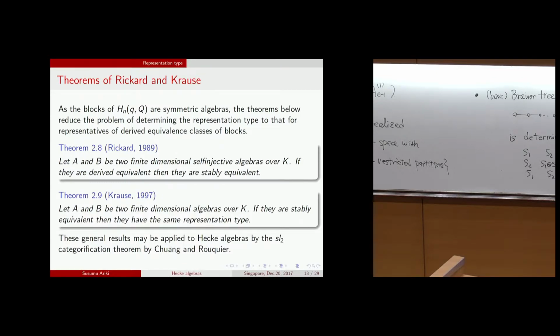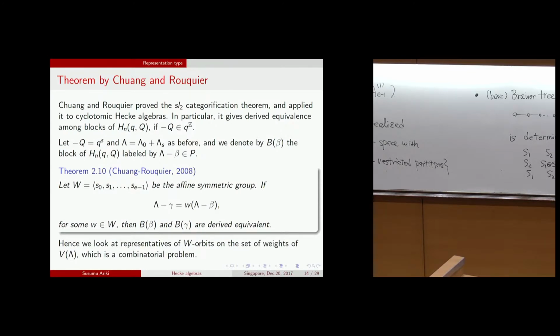Okay, so now I would like to apply this general result to Hecke algebras. For this, we may use the sl2 categorification theorem by Chuang and Rouquier. Recall, Chuang and Rouquier proved the sl2 categorification theorem, which appeared in Annals of Math in 2008, and applied it to cyclotomic Hecke algebras in the paper. In particular, it gives derived equivalence among blocks of H_n(Q) if minus Q is a power of q.